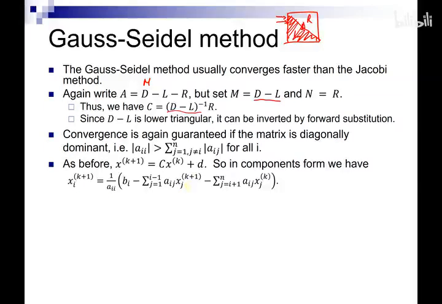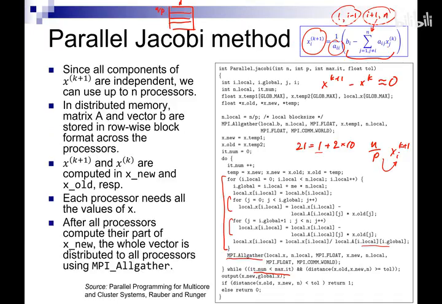The only difference is that in the Jacobi method, we broke the sum into two parts: the first part for j from 1 to i minus 1, and the other part from i plus 1 to n. In both parts you multiply by x of k, which is what you computed in the previous iteration.